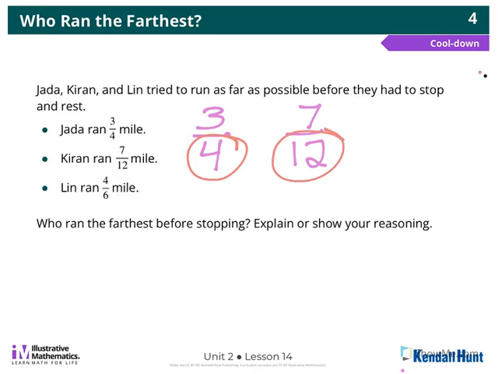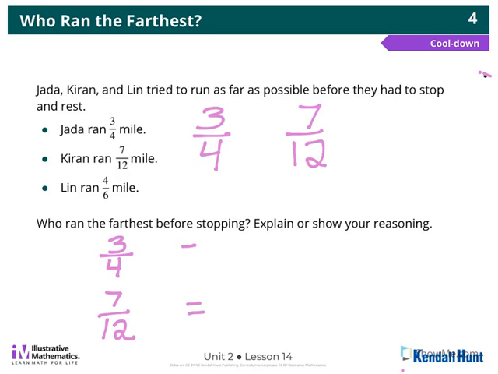We have a 4 and we have a 12. So that tells me I need to find a common denominator so that I can compare them. So I'm going to rewrite them vertically, 3/4 and 7/12. And I'm going to look at the denominators. We have a 4 and we have a 12.